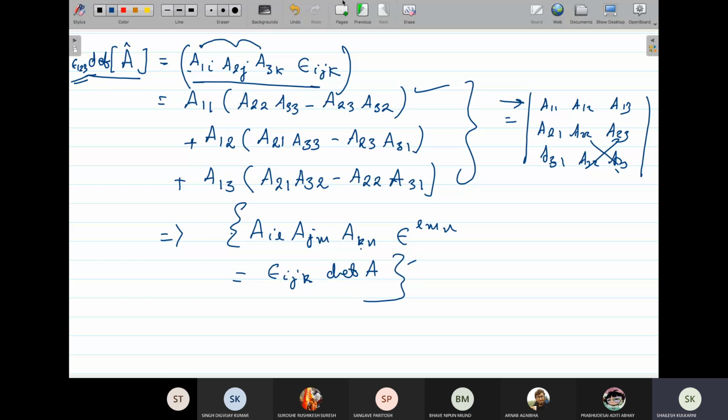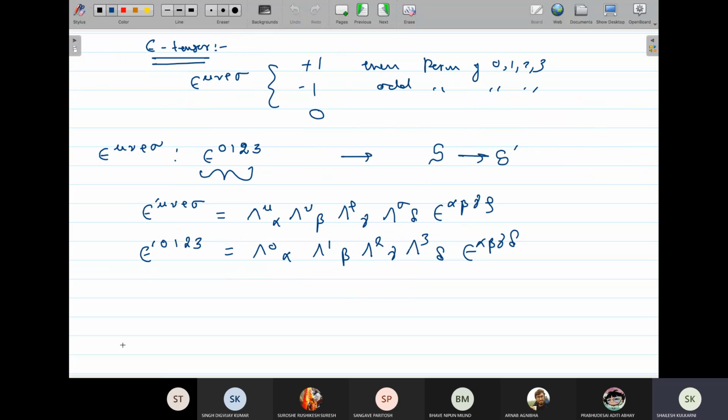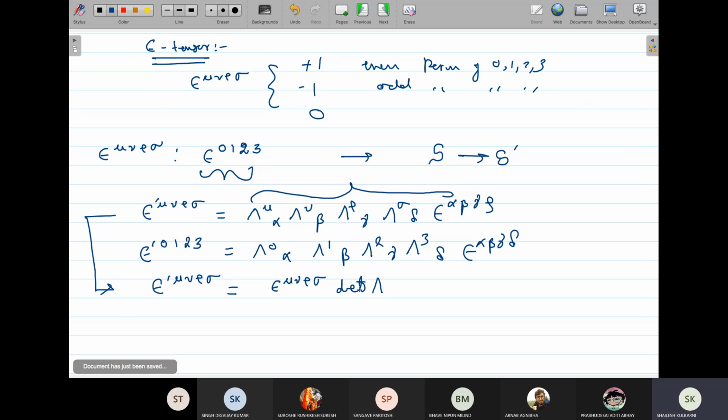In view of this, what will be this? Now you come here or here. This will be epsilon prime mu nu rho sigma. The entire thing will be equal to epsilon mu nu rho sigma into determinant of lambda, right?